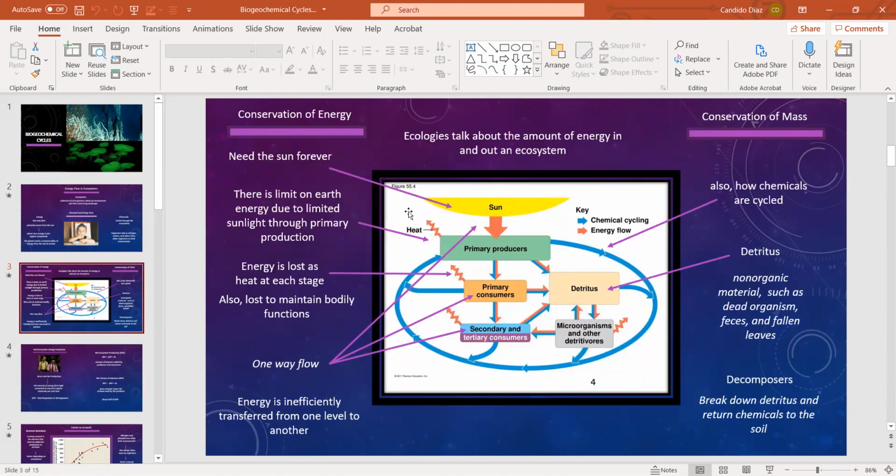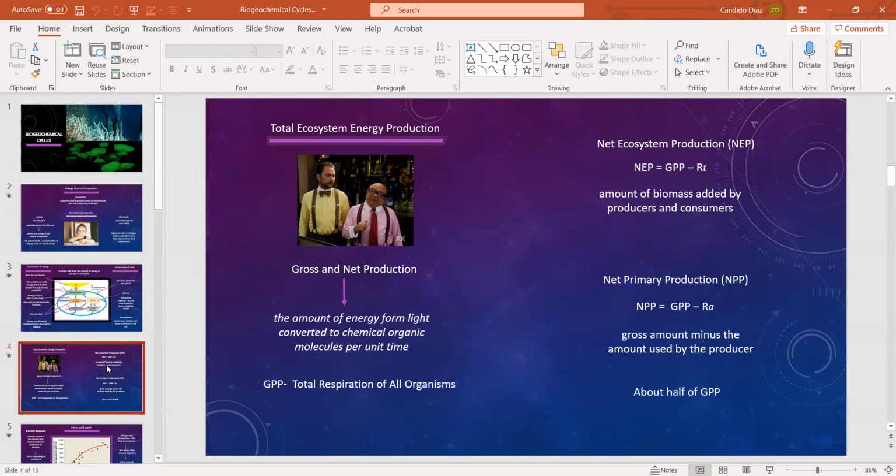We said that energy is always being lost. And not only is energy always being lost, it has to be passed on from organism to organism. So if there's not energy being created by the primary producers, then there's not any new energy that can be added to the system to sustain higher level organisms.